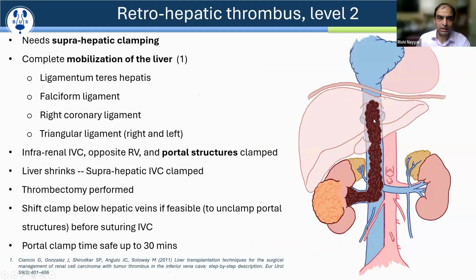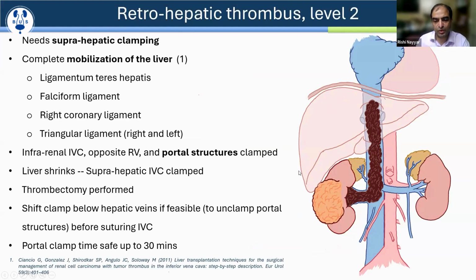Now we come to the retrohepatic thrombus level 2, where it is reaching close to the hepatic vein level. In these cases, we are not able to mobilize the IVC from below the liver only. We have to mobilize the liver completely from the right side towards the left side, which is called a piggyback mobilization of the liver, generally used by the liver transplant surgeons.